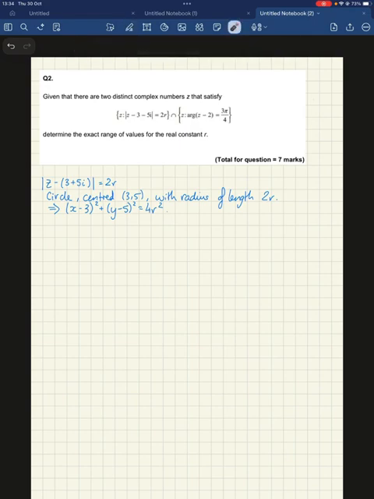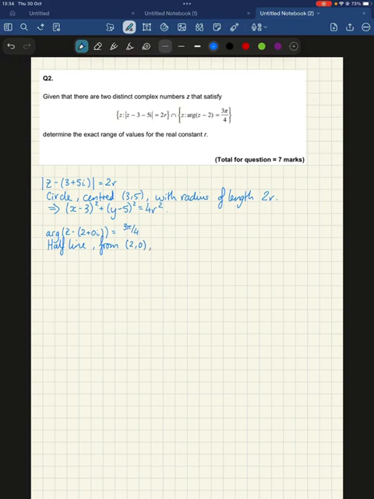Now the second bracket over here, we've got the argument of z minus 2, so we can rewrite that as the argument of z minus 2 plus 0i, and that's equal to 3 pi by 4. Again from our loci we know that this is a half line from the point (2, 0), at an angle of 3 pi by 4.